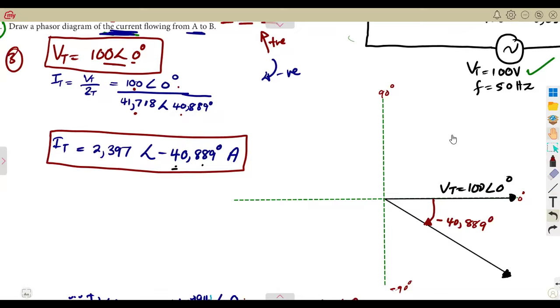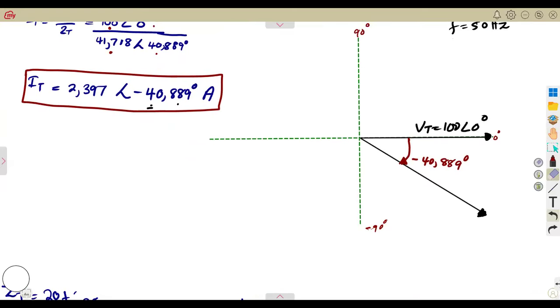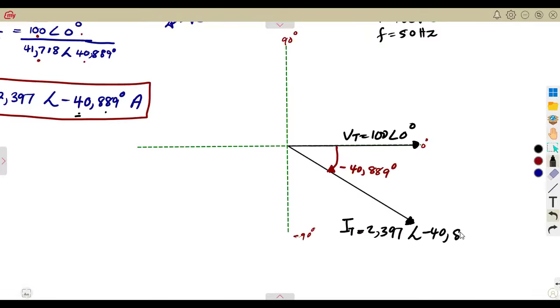That is the angle separating our total current. It's a negative, so the angle there is the one that deals with everything, guys. So our total current is given as 2,397 at an angle of minus 40,889. That's the idea there. The voltage, being at 0 degrees, is in line with the 0 degrees.